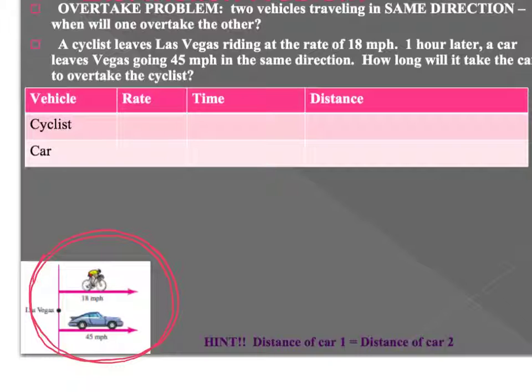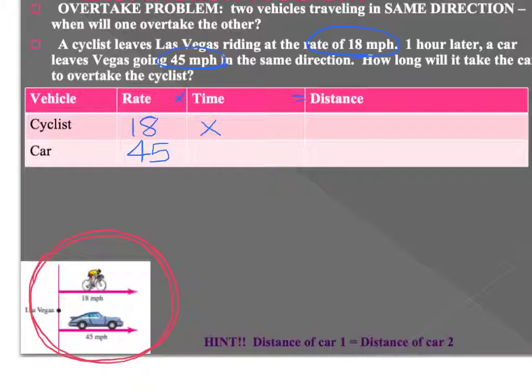So let's look back at the problem and figure out what information we've been given. So again, rate times time equals distance. So the cyclist is going at a rate of 18 miles per hour. And we're going to say that his time is X. The car is going 45 miles per hour in the same direction.